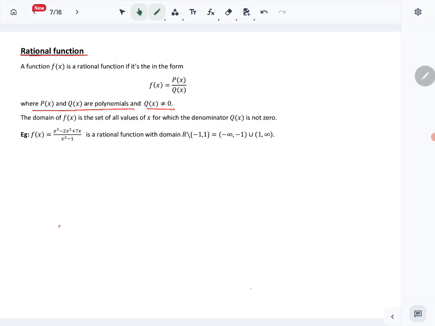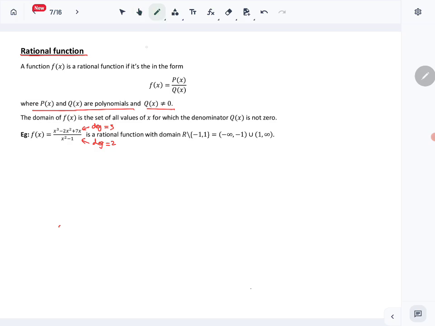So how to find the domain of this rational function. It's clear this is a rational function. Why? This is what? Degree 3 polynomial. Denominator is degree 2. So polynomial divided by a polynomial is always a rational function, right?